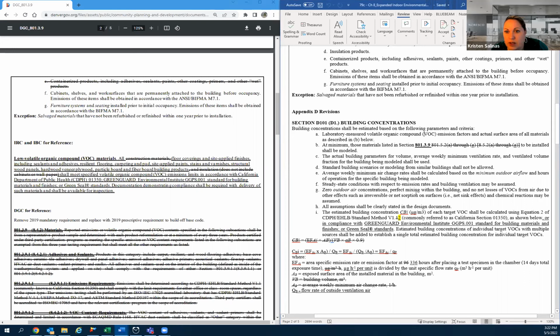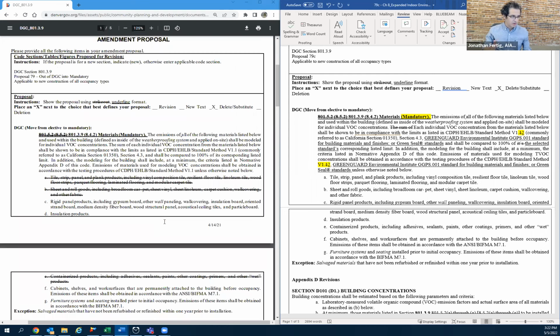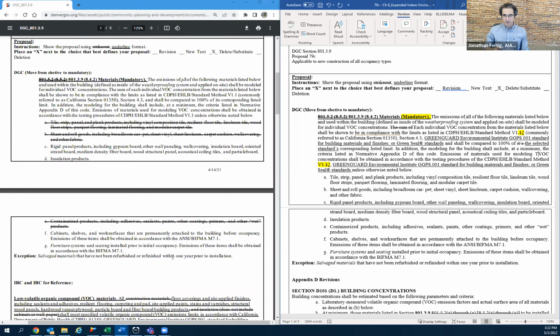Okay, any other questions at this time? Jonathan? Yeah, I feel like this has come up a couple times, and maybe somebody even asked already, but the whole reference to elective and mandatory in an elective code, I'm still confused by that whole thing. So I'm wondering why that is there? That's legacy language from when we were making a recommendation.